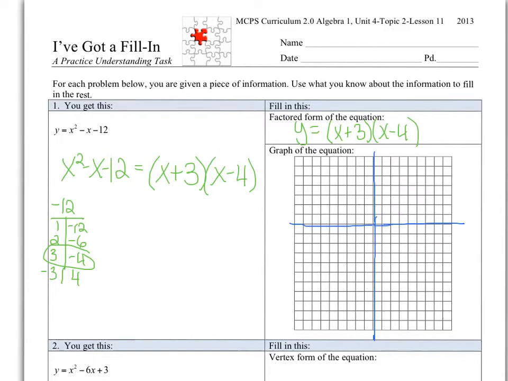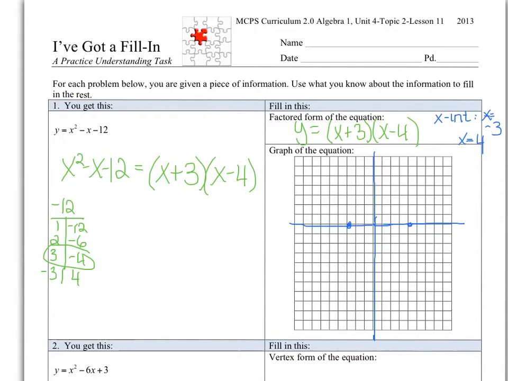All right, 2 of the points that we know we have are x plus 3, so we have an x-intercept of negative 3, so x equals negative 3, and we have an x-intercept of positive 4. So we can graph these points, and we know that that's going to be part of our equation, part of our graph.